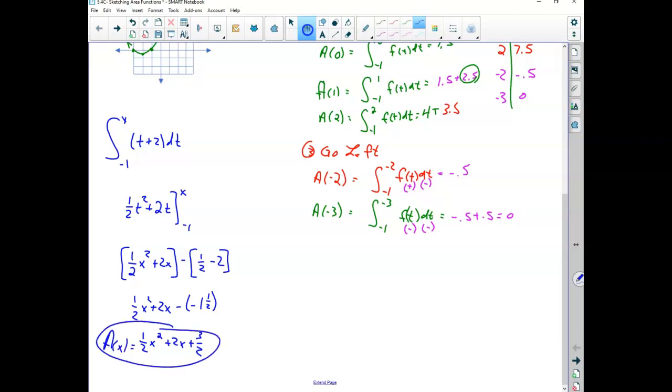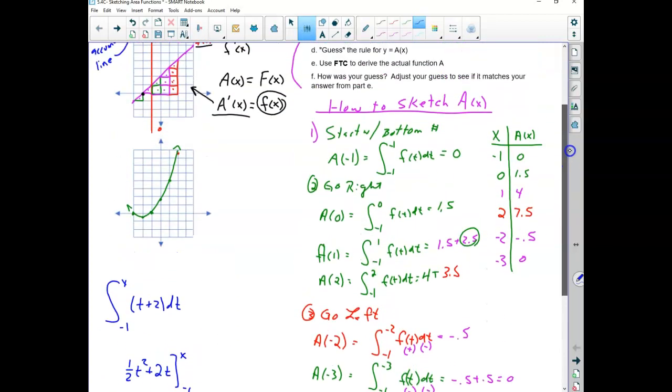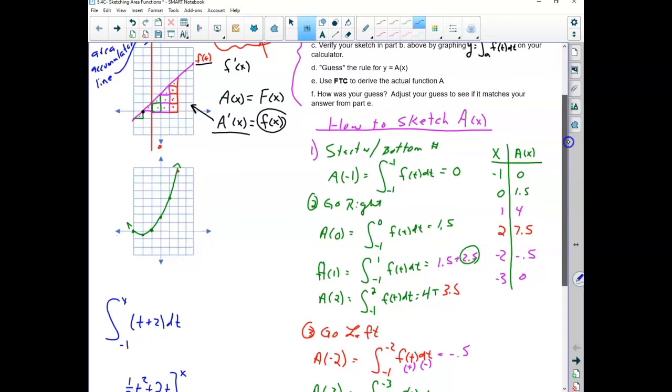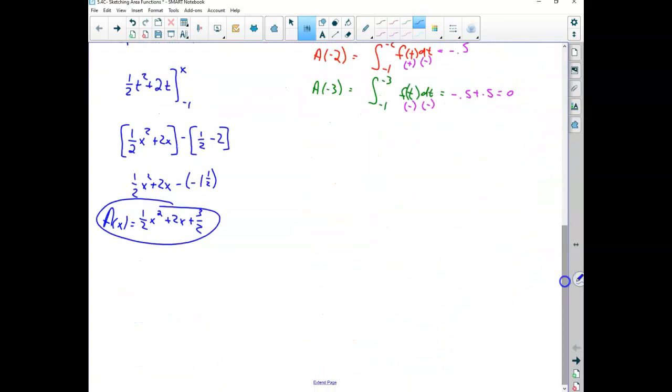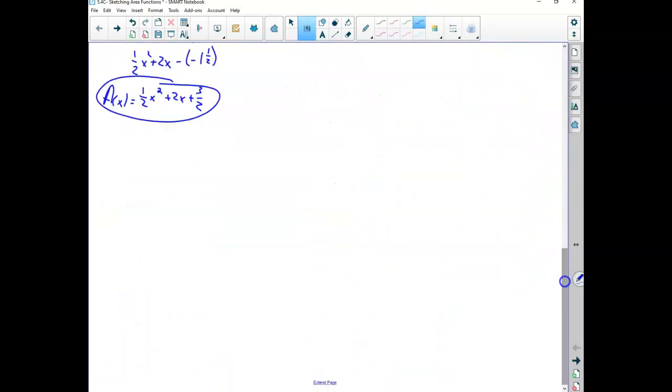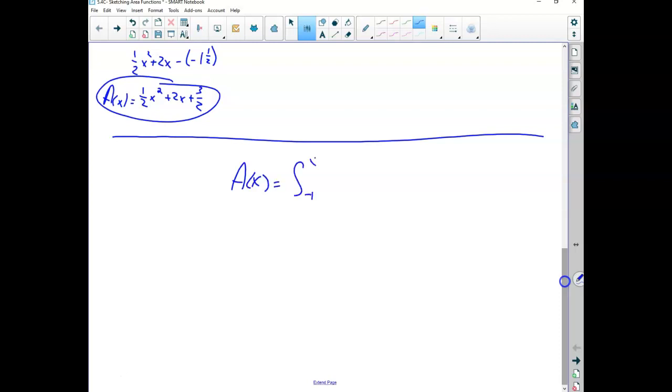Okay? And we're going to be making some connections about this area function. And there's some things that we did earlier in the year. What are you talking about? Well, here's what I'm talking about. So let's do a minor summary of what we got going on here. We know A of x equals the integral from -1 to x of f of t dt, correct?